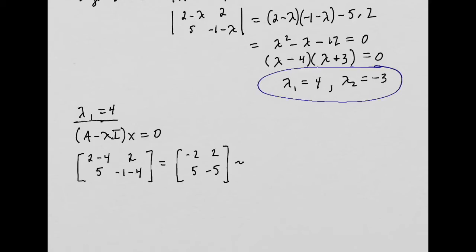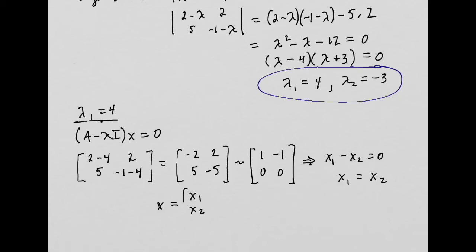Row reduce that, and we get 1, minus 1, 0, 0, which implies x1 minus x2 equals 0. So x1 equals x2, and then we can say x equals x1, x2. x1 is just x2, so that's x2, x2.